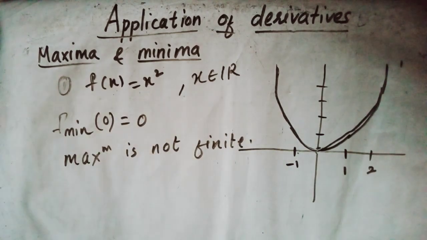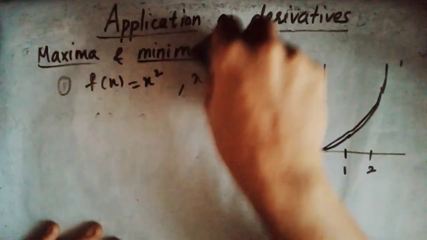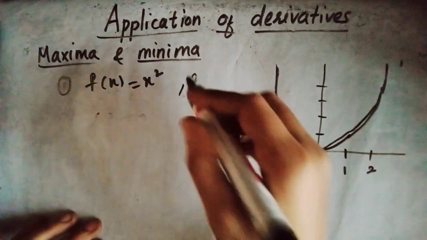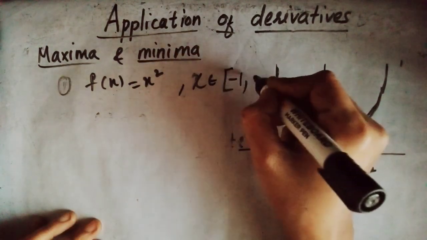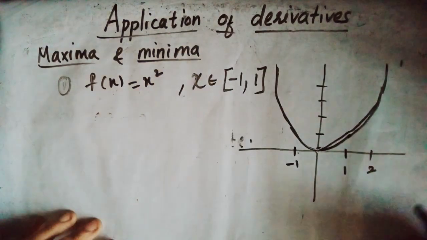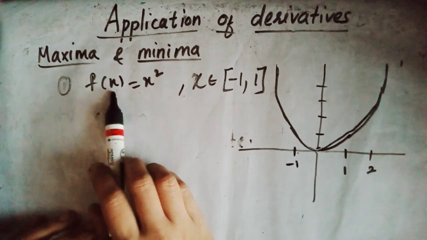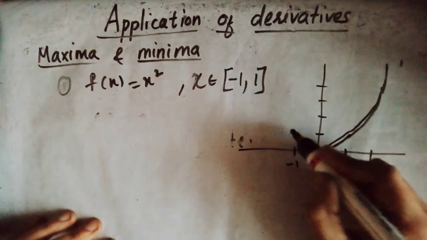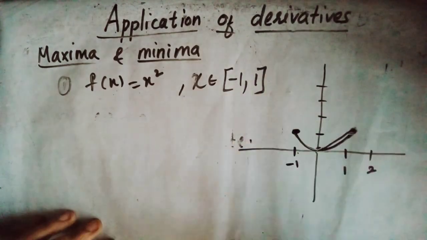Now the same example, if it is given that x belongs to some interval, say -1 to 1. So for f(x), at x equal to -1 you will get the graph here, and also for this.